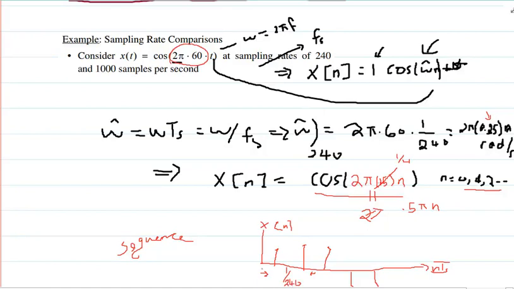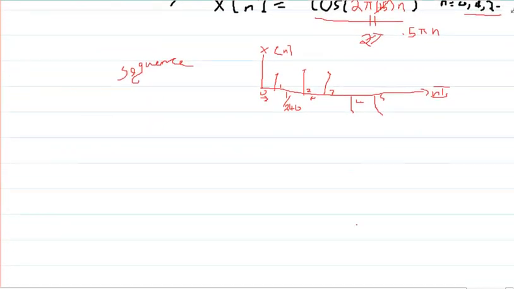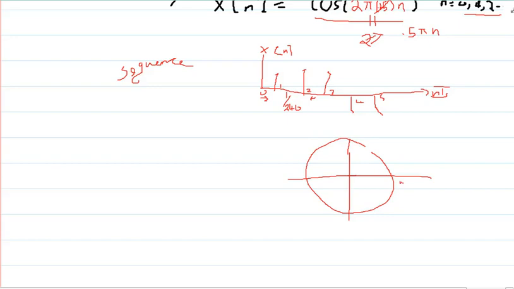Of course n equals 0, 1, 2, 3, 4, 5, and so on, and the phase angle changes: omega at n equals 0, at n equals 1, at n equals 2, and so on.